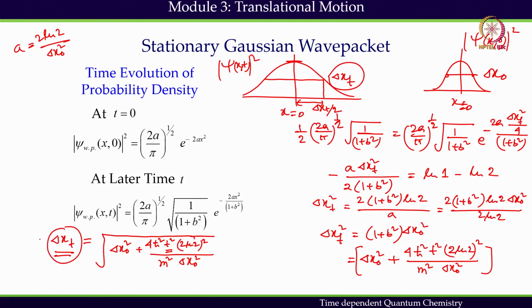It is just increasing delta x t. It will increase the width of the stationary Gaussian. So let's say I started with this Gaussian. Slowly it will spread out. It will be more spread out.